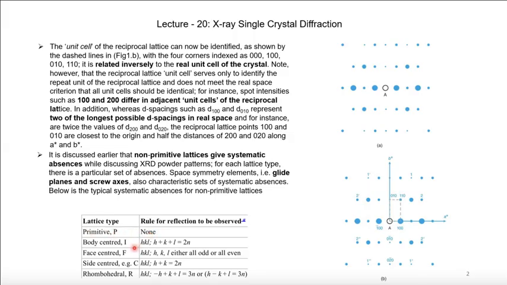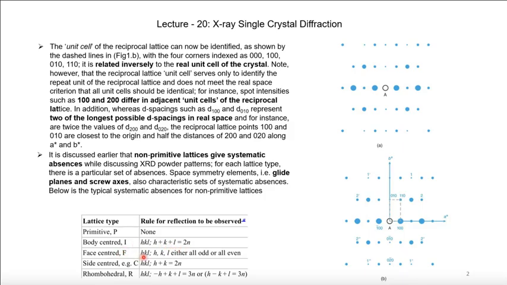But for other lattices, for example body-centered, face-centered, side-centered, and rhombohedral lattices, there are reflection conditions. For example, for body-centered, we see h + k + l = 2n.